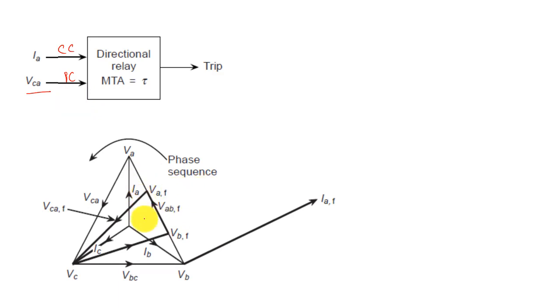This is your phasor diagram we already talked about, and let us plot the VCA fault. So VCA fault will be here.